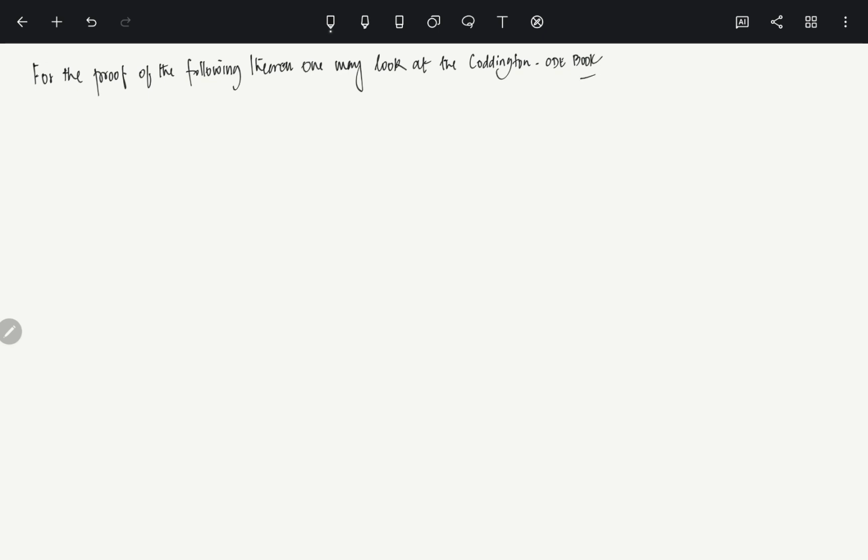It is very explicitly and very detailed written. So you can go through that if you want. But for this course, I'm not going to do it.